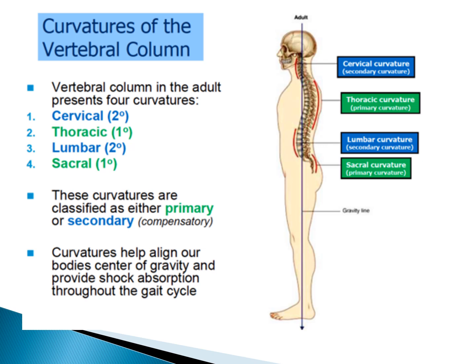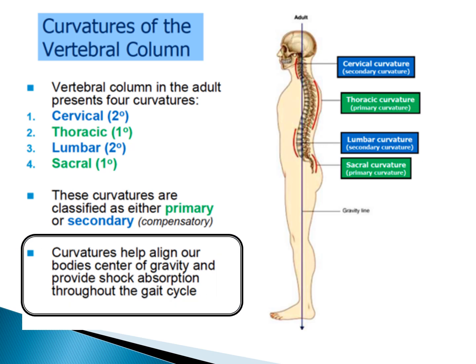So curvatures of the vertebral column in the adult: cervical is a secondary curvature; thoracic is a primary curvature; lumbar is a secondary curvature; and sacral is a primary curvature. These curvatures are therefore classified as primary and secondary. Curvatures help to align our body's center of gravity and provide shock absorption throughout the walking cycle or gait cycle.